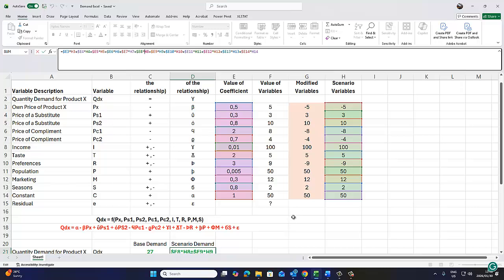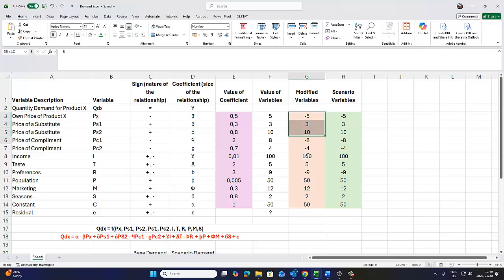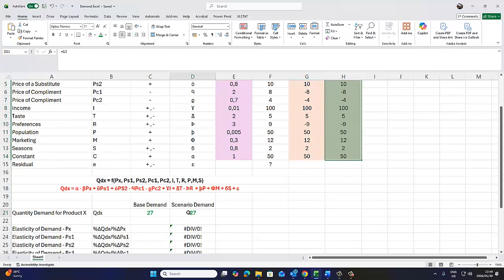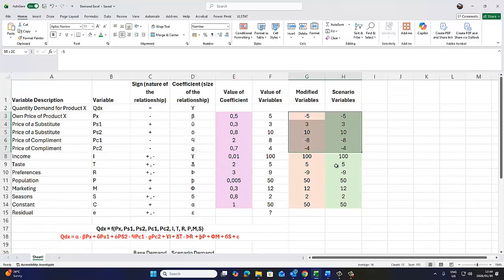I created a second cell here where I'm going to calculate the scenario quantity demand, not the base demand. This is the base demand. In this case, they're exactly the same, 27, because the variable value is exactly the same.